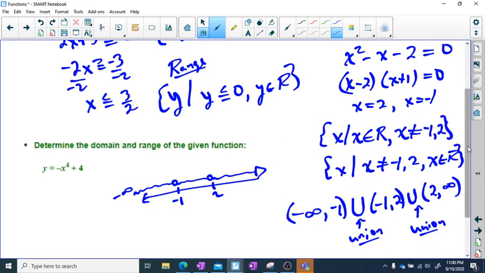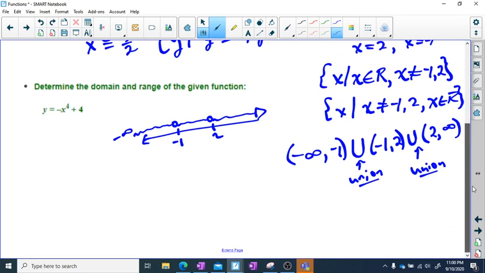All right, if I go to this one, y is equal to -x to the 4th plus 4. Well, the domain. So ask yourself, is there any number I would fill in for x that's going to cause any kind of undefined or situations that don't exist or something like that?